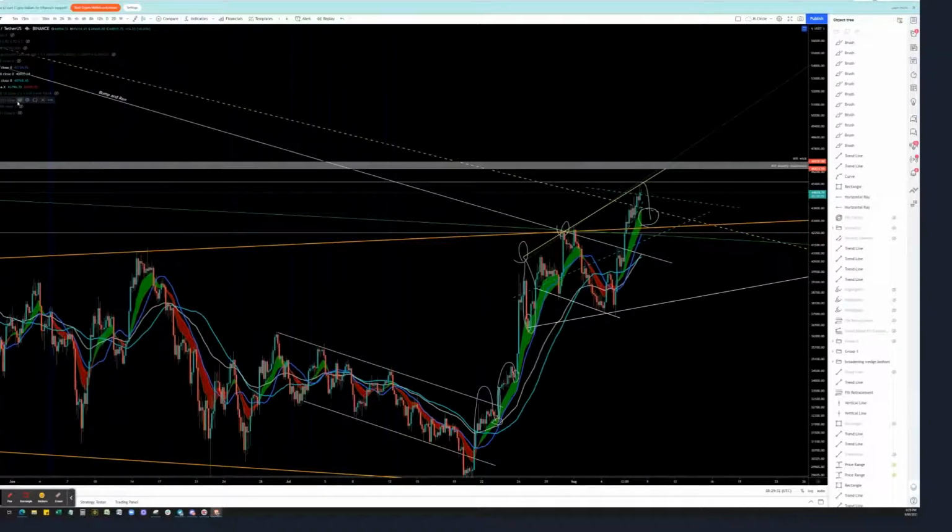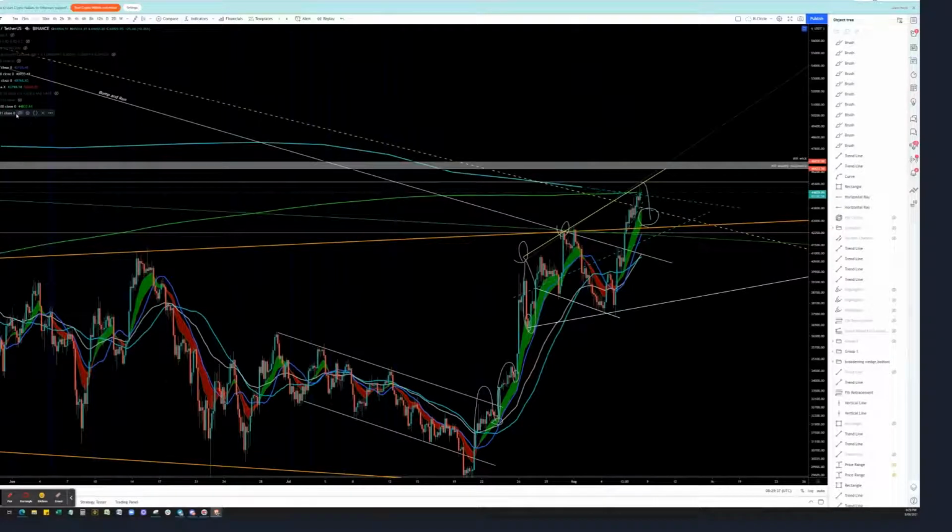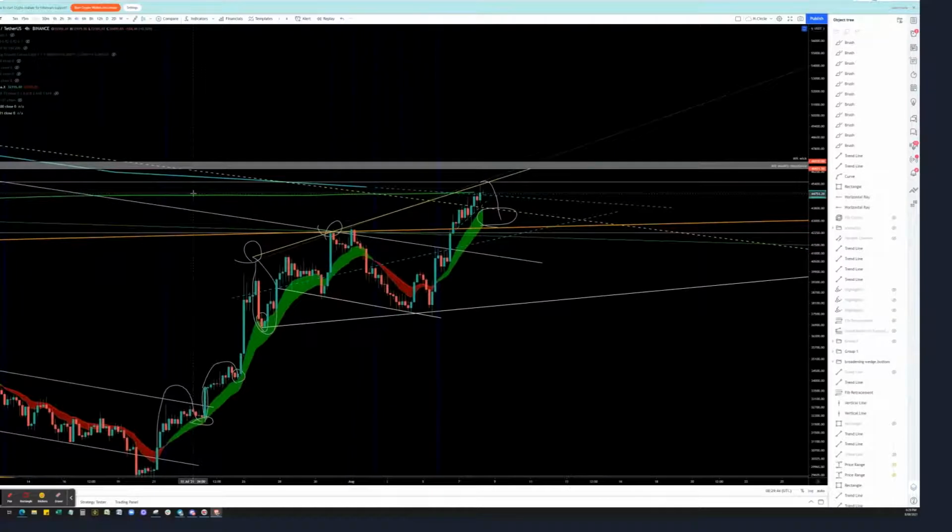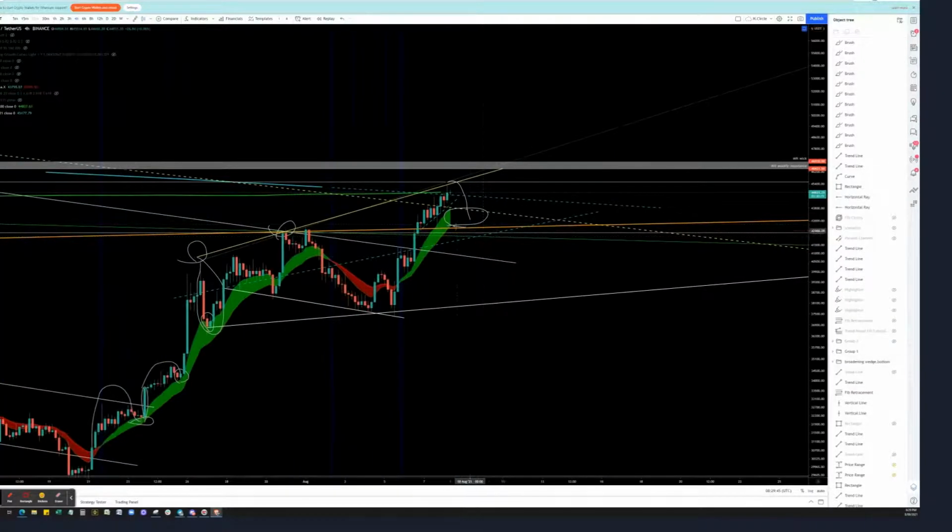This one, the 200, yep, and the 21 weekly moving average. So that's what I'm looking at, this area for the pullback.